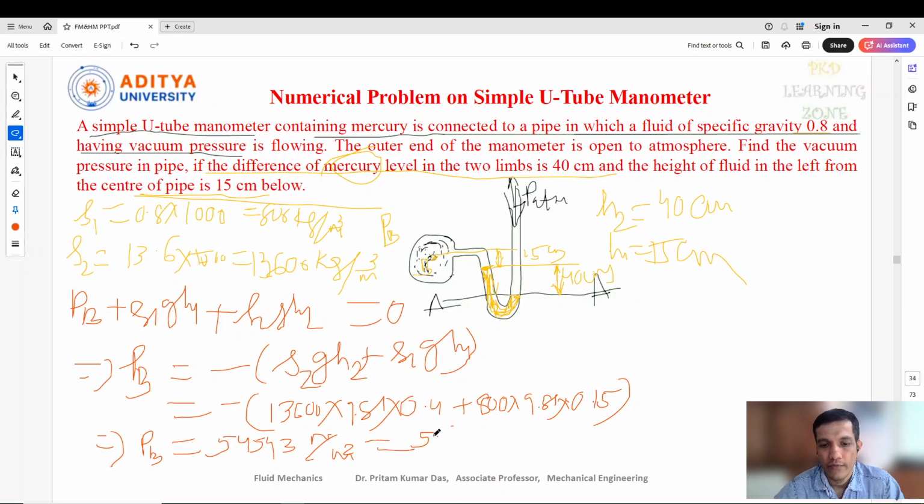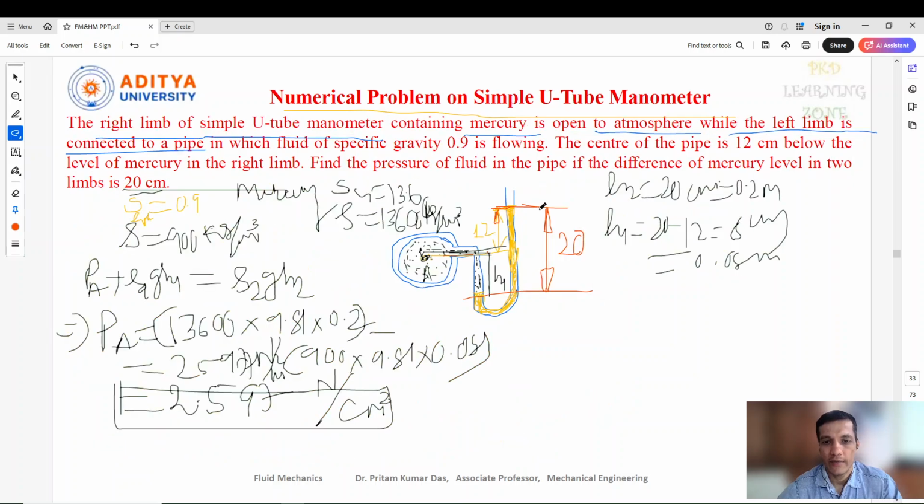That is nothing but 5.454 Newton per centimeter square. But this value we will actually get as a negative value, because the question is given for vacuum pressure. Okay, so I hope you understood how to solve this problem related to this U-tube manometer when the condition is given for gauge pressure or vacuum pressure.